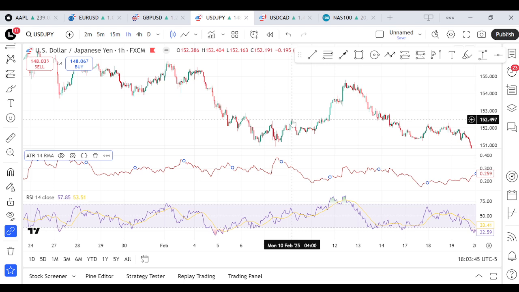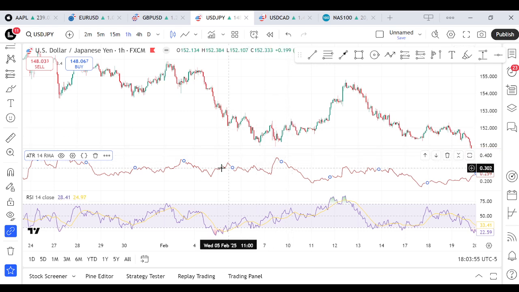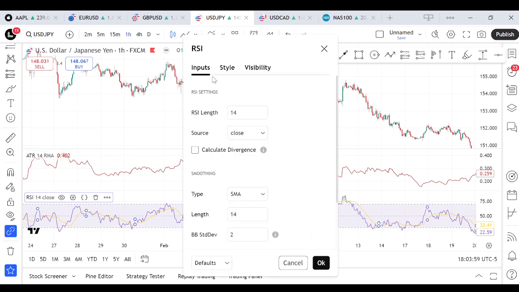RSI, on the other hand, is a momentum oscillator that measures the speed and magnitude of recent price changes. It oscillates between 0 and 100, helping you identify overbought and oversold conditions. This is the RSI, and also here the standard input should be 14.